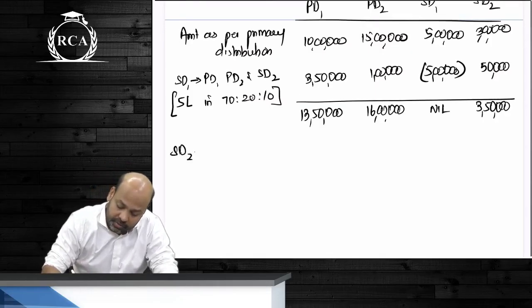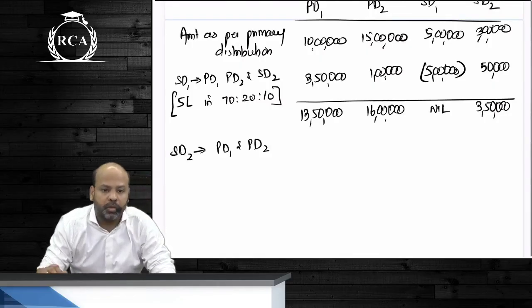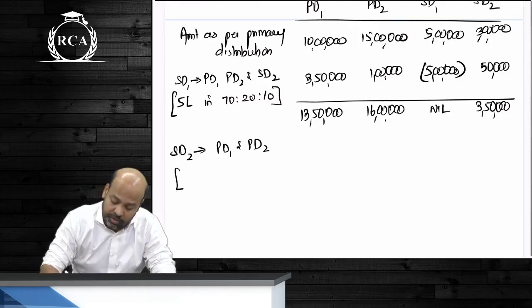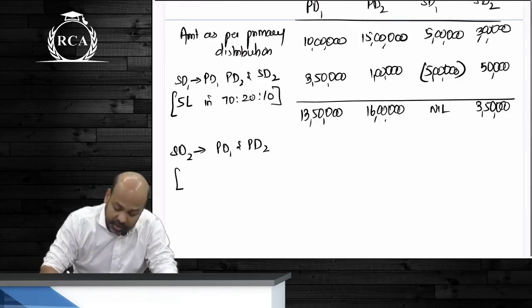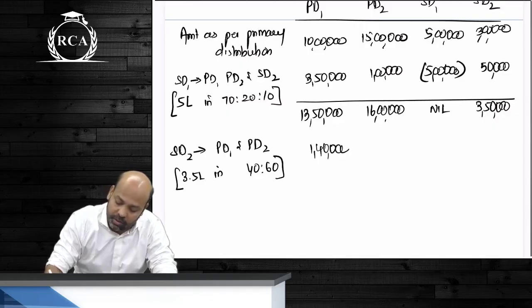Next beta comes SD2. It will be reapportioned to whom? PD1 and PD2. How much will you reapportion beta? 3 lakhs or 3 lakh 50,000? What is the ratio that I've written? 40-60. 40-60 matlab beta 1 lakh 40,000 and 2 lakh 10,000.